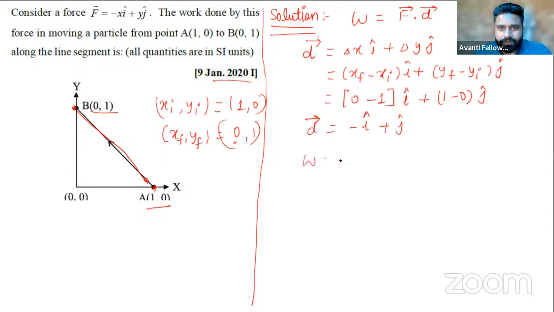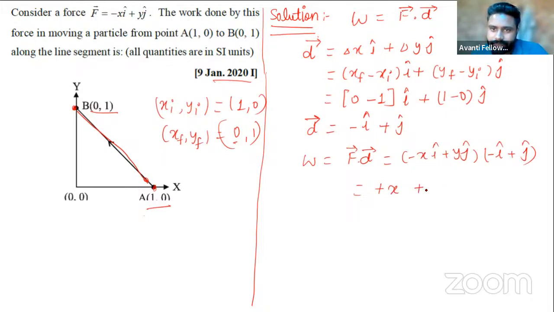So work done here is F dot d. The F vector here is minus x i cap plus y j cap, and the displacement is minus i cap plus j cap. So we can take the dot product as minus x times minus 1, which is plus x, plus y, since j dot j gives y.